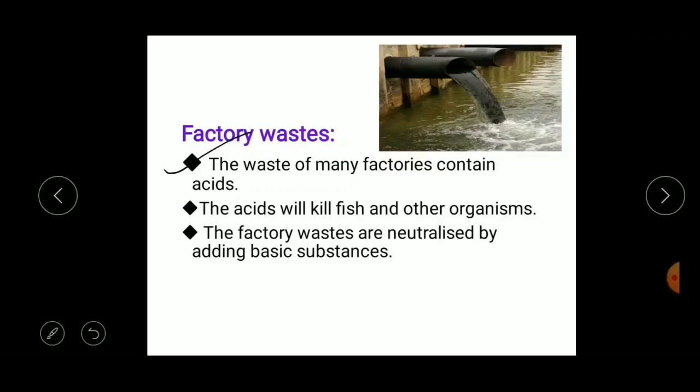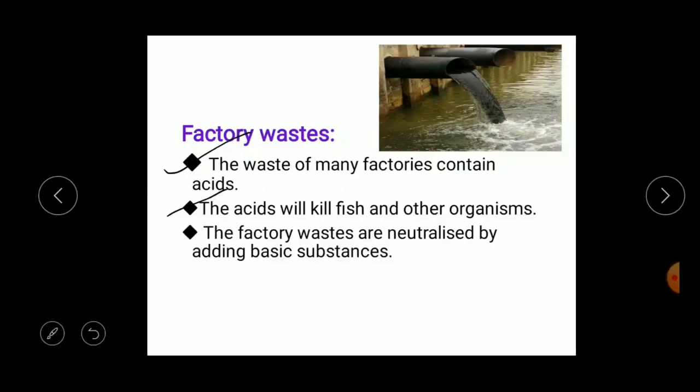So this factory waste contains acids, and these acids are harmful, and if they are allowed to flow into the water bodies, the acids will kill the fishes and other organisms. It will be very harmful to aquatic life, such as fishes and other organisms like plants, right?